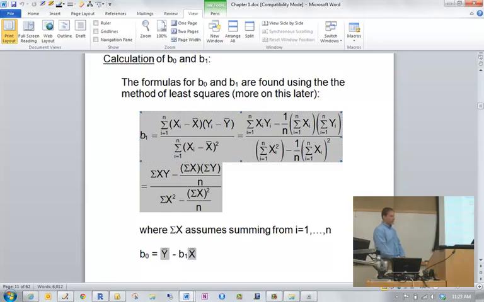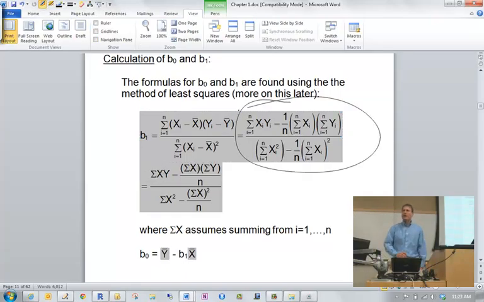Do you see some stuff over here that looks very similar to what we just calculated through matrix algebra? Yes, you do. You see the sum of the x's times the y's. You see the sum of the x's. You see the sum of the y's. So you might be thinking, well, through all these matrix algebra calculations, maybe then I could calculate B1. And in fact, that's what we're going to do shortly.